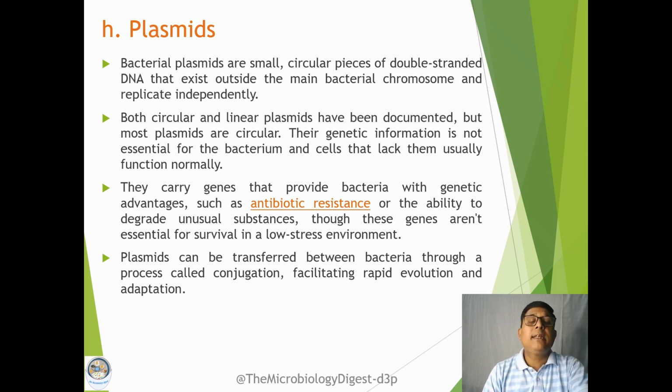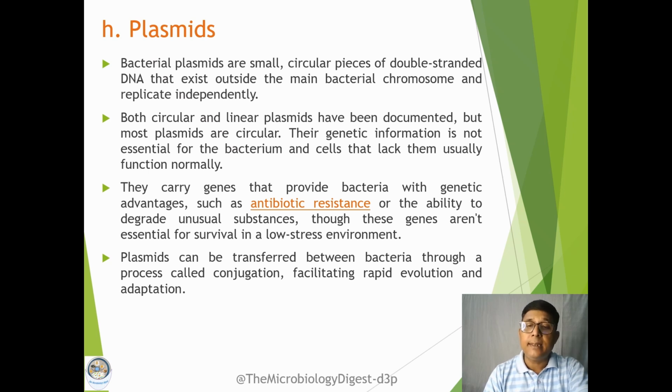The next structure present in bacteria, or a component of the bacterial cytoplasm, is the plasmids. As already discussed, plasmids are small circular double-stranded DNA, and they are extra chromosomal. They are not a component of the bacterial chromosome.